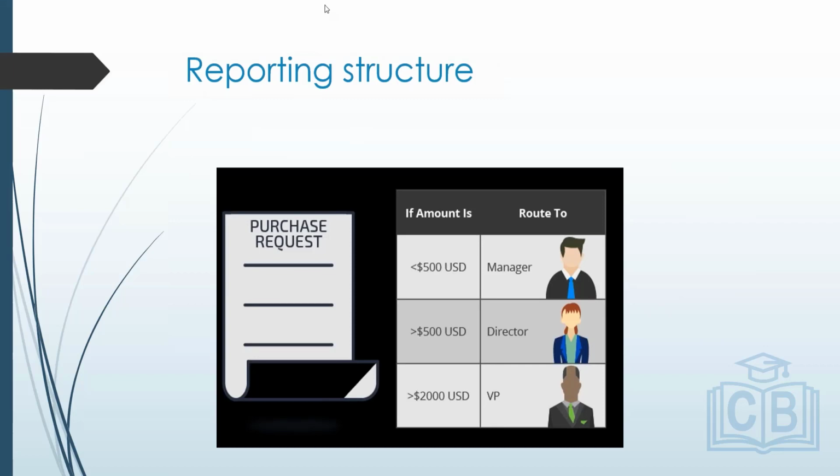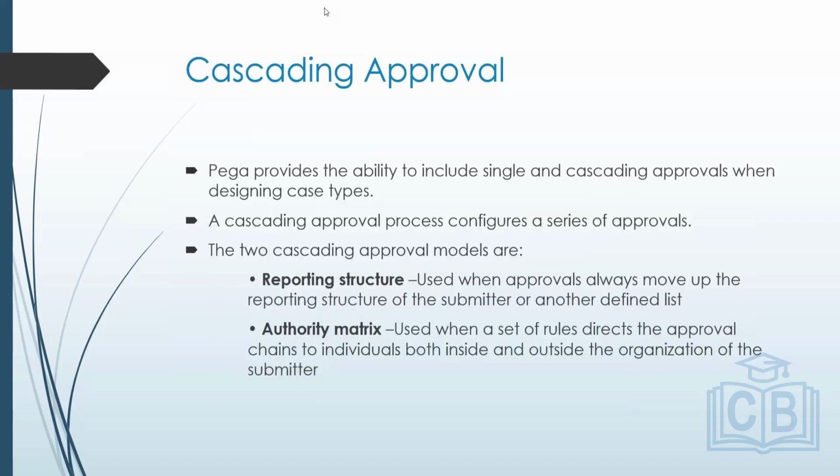Whereas there is something else called the authority matrix. So what is the authority matrix? Sometimes you need approvals from people outside your department, outside your reporting hierarchy. For example, you have put in a claim request, probably some reimbursement request. It goes to your manager.